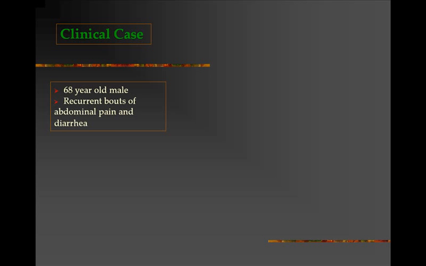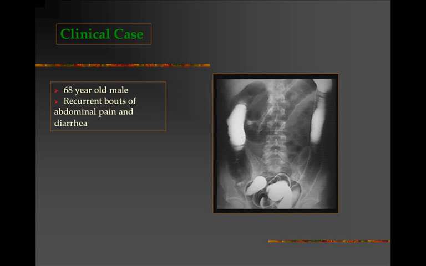Here we have a clinical case of a 68-year-old male who complained of recurrent bouts of abdominal pain and diarrhea. The barium enema picture is shown here. This is a double contrast barium enema, so in addition to the barium enema contrast material, some air is also introduced into the large bowel.